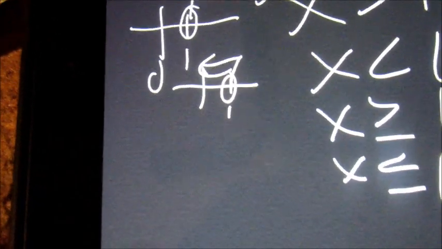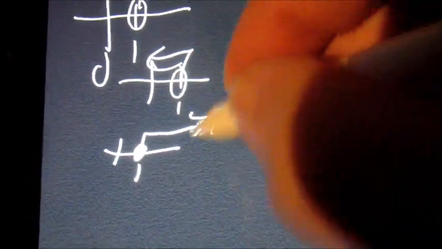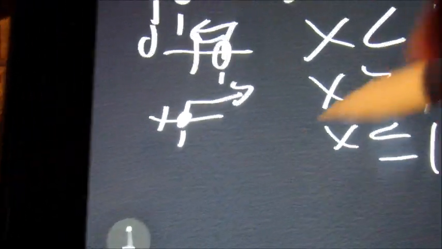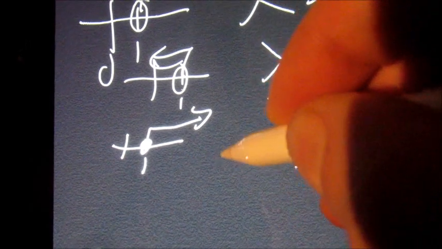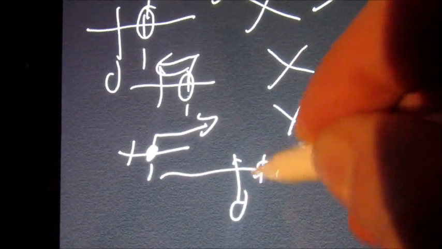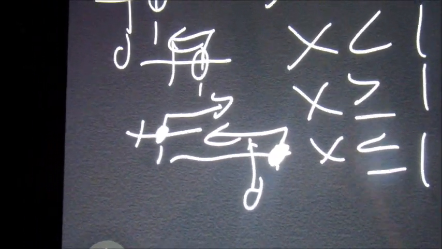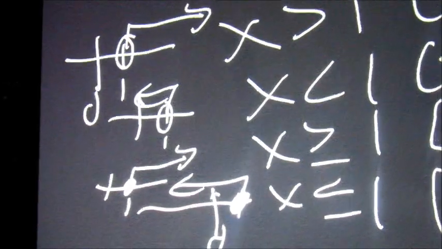If it includes the 1 or whatever number, then you're going to use a solid dot. So it's going to be a solid dot and everything bigger than 1. If it's less than or equal to 1, then it's the solid dot and everything over like that.